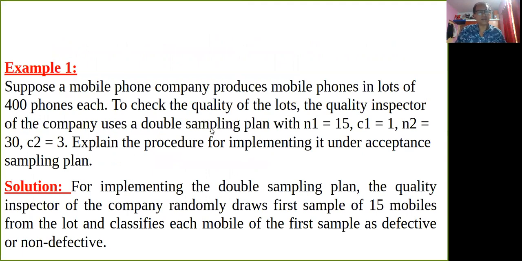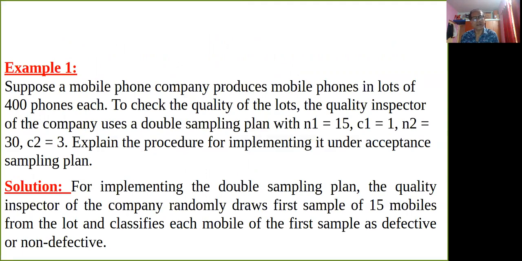In the last session, we discussed what exactly the double sampling plan is and how it will be implemented in the 7 steps I explained. So now here we'll take an example of how exactly this double sampling plan will work out.